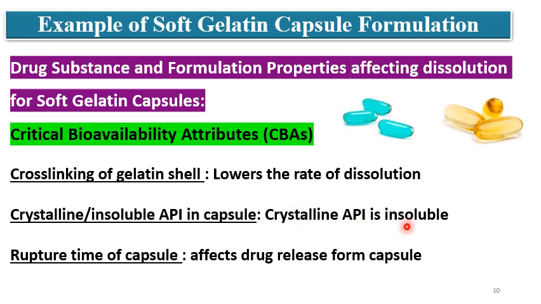Crystalline API is insoluble, and this API is only soluble in the surfactant or base used as the liquid for the soft gelatin capsule. And if this API gets recrystallized in the capsule, then it is insoluble. Then rupture time of the capsule. For soft gelatin capsules, rupture time will be there, and that rupture time will affect the drug release from the capsule.